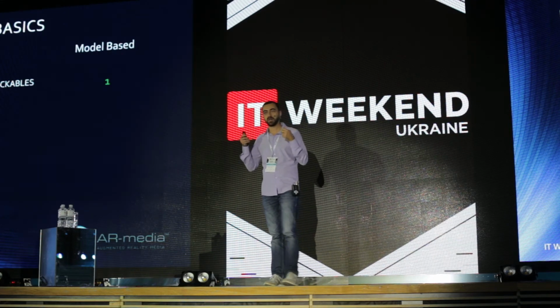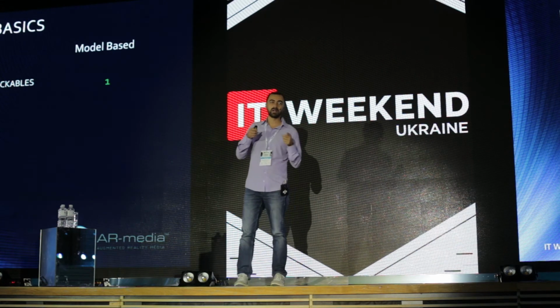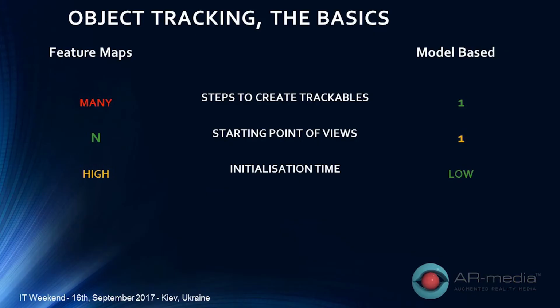Take pictures, create the point cloud, align the model, so it requires a lot of work. But the starting points for tracking using the feature map methods are many more. So you actually could start tracking an object all around the object itself, while using the model-based approach, you just have one point of view to start tracking.